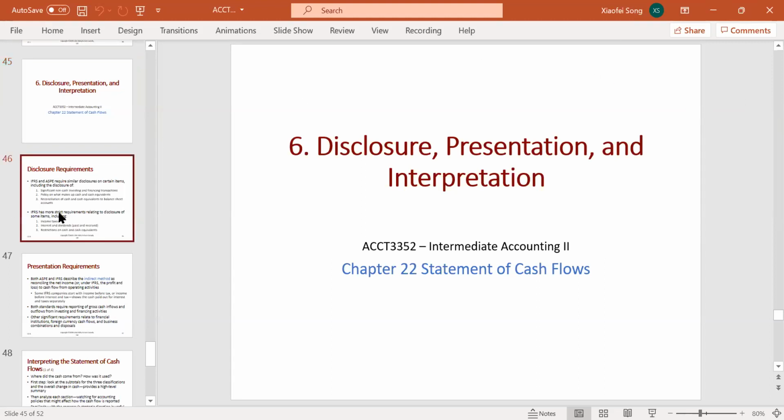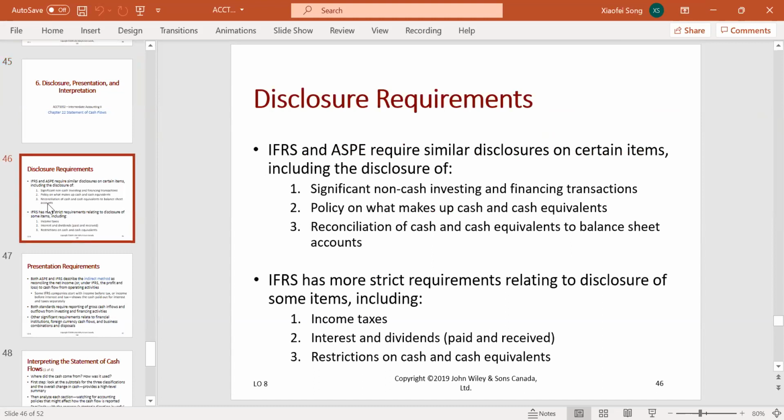So towards the end, in that comprehensive complex example, we talked about the disclosure, right? There are certain things that are not shown in the statement of cash flows per se, and there is certain additional information. If it's not in the body of the statement, then you have to show it as notes or an additional schedule.